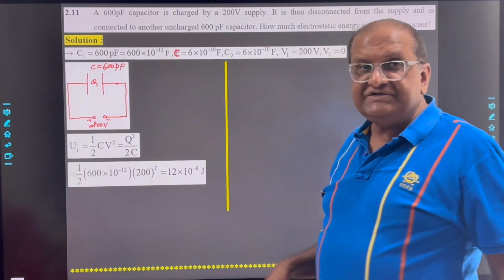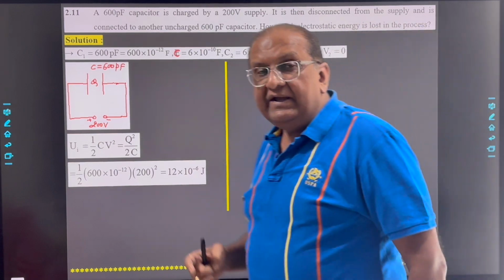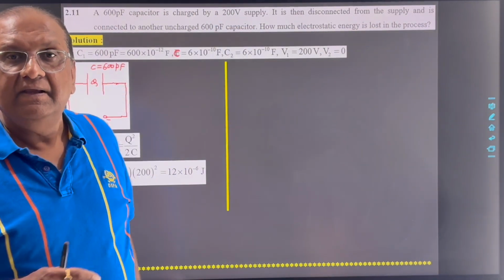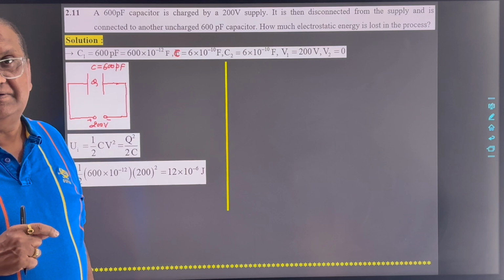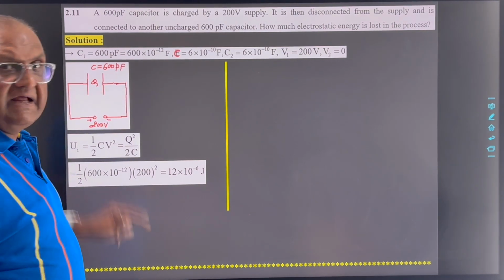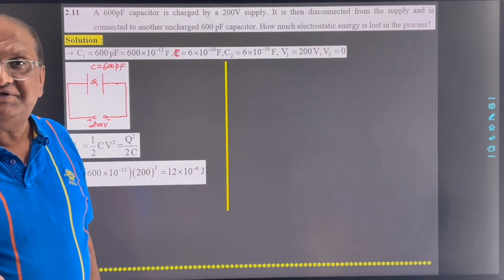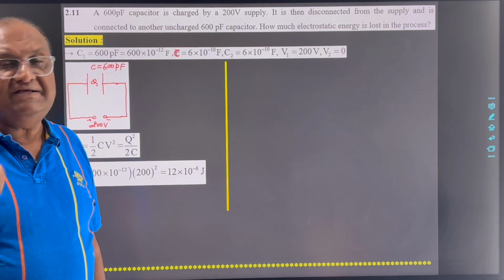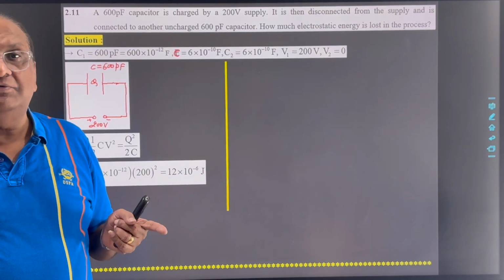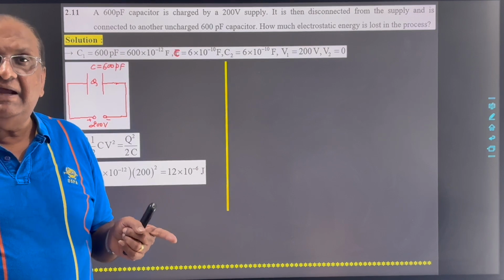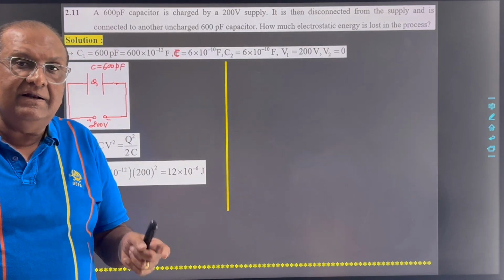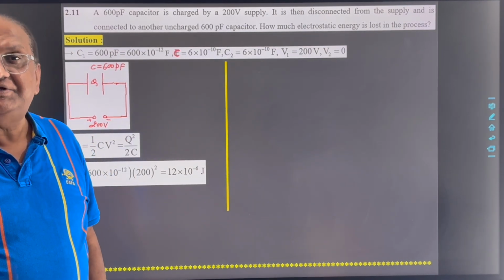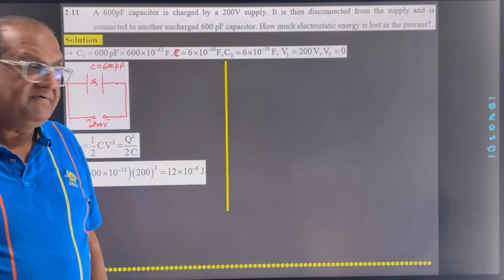When both the capacitors are identical, it implies that the distribution of charge: on one capacitor the charge is Q, on another capacitor connected with it the charge is 0. So now distribution of charge will take place. And when both are identical, the charge on each capacitor will be half.